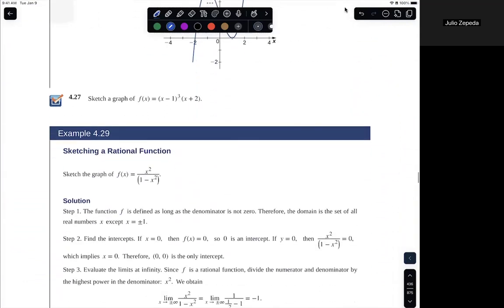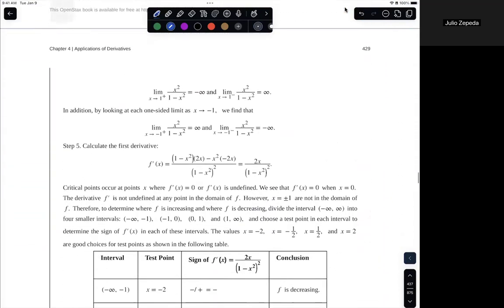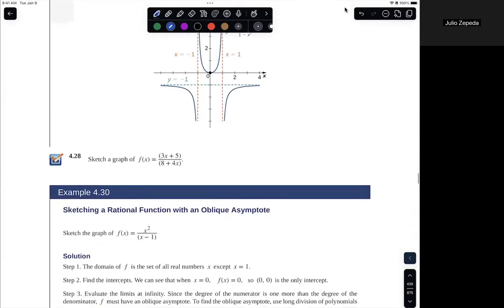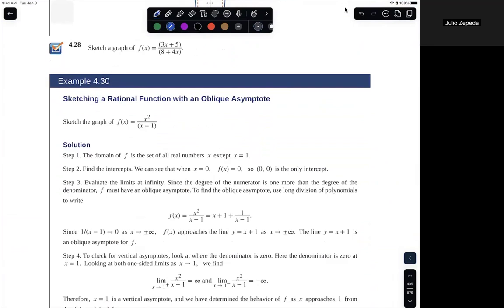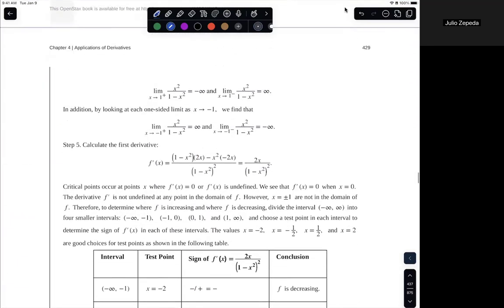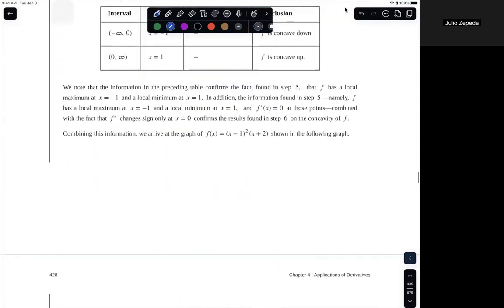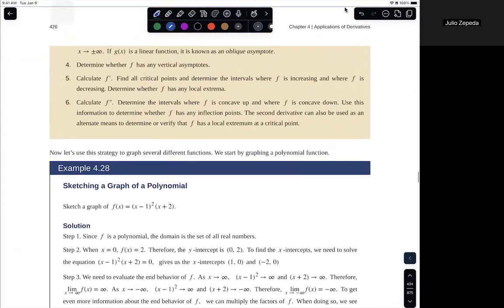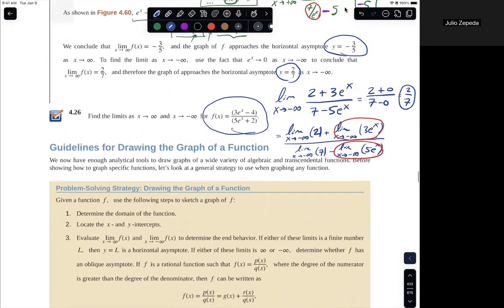But it is a good idea to read through it and know how to put everything together to be able to sketch a really good graph of a function. I may do this in a future video, so subscribe to see when more videos come out. But that will be for another time.